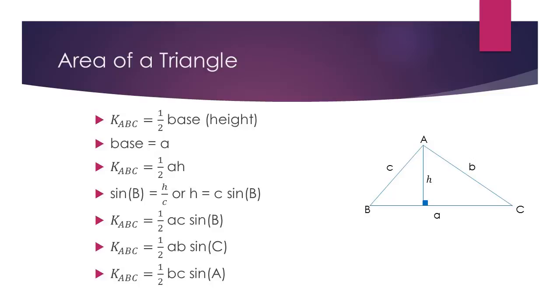Therefore, our height is actually c times sine B. Now you can plug that back into the area of a triangle equation for h, and you will get 1/2 times a times c times sine B. Similarly, instead of taking angle B, you can take angle C and end up getting 1/2 times side a times side b times sine C.